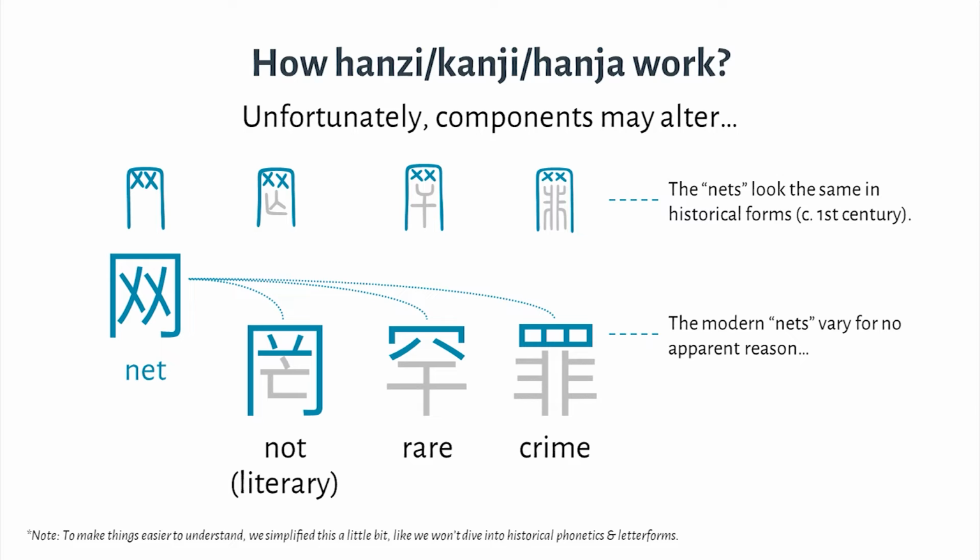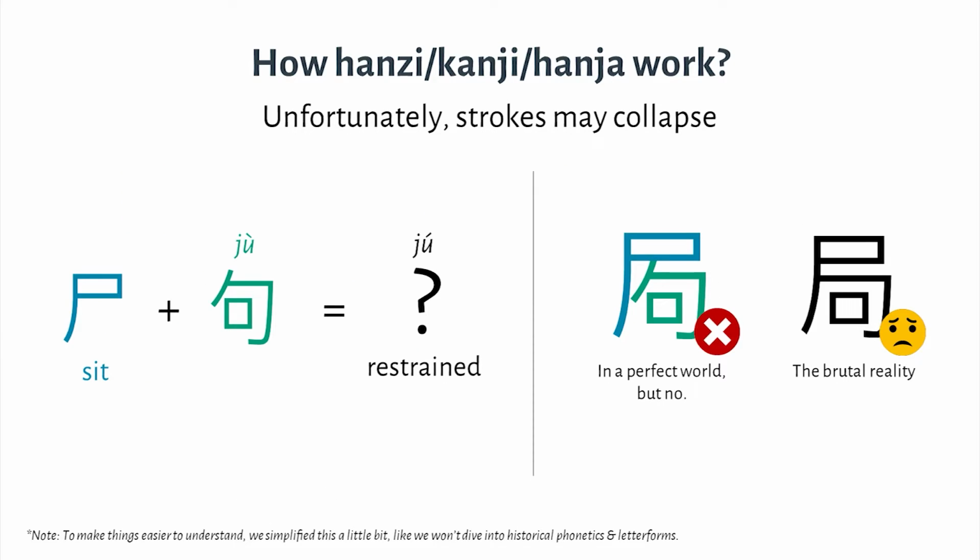There are also more complex cases in which we do not see any apparent reason to alter the component. Like the net we mentioned before, it can look very different in characters. The net components may look the same in their historical forms, but they evolved to look totally different. Strokes may also stick together, and quite a few shorthands have become the convention. You just can't write correctly without these shorthands.